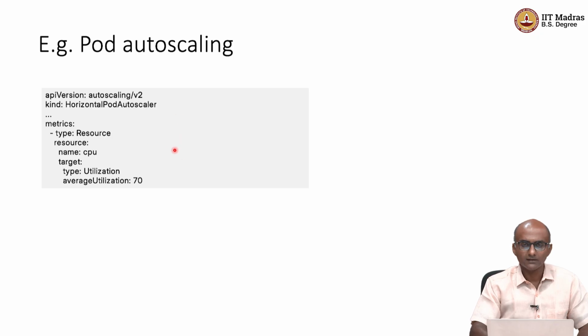So the autoscaling example that I just talked about, here's how you would specify this in a configuration file. It's a YAML file. You would, for instance, say that CPU is the metric that's of interest for you. And within CPU, you're interested in the utilization. So if the average utilization is 70% or more, then it triggers this autoscaling pipeline.